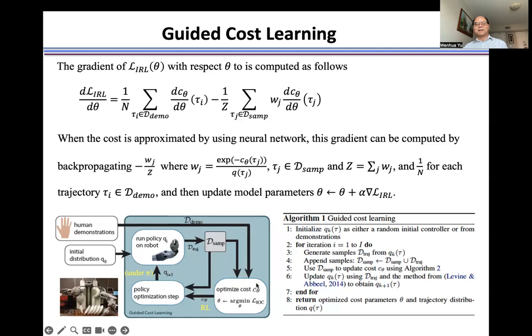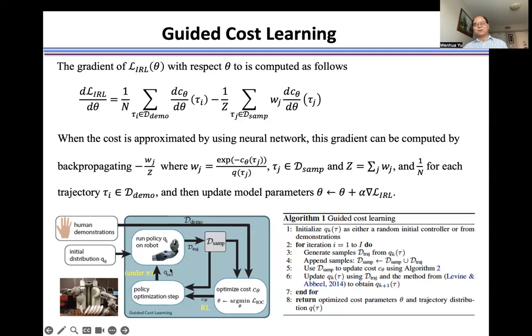We optimize the cost function and train the neural network to get this model parameter theta. From this model parameter theta, we get this loss function, and use this loss function in the reinforcement learning to find the policy. And with this policy, we generate the new distribution.